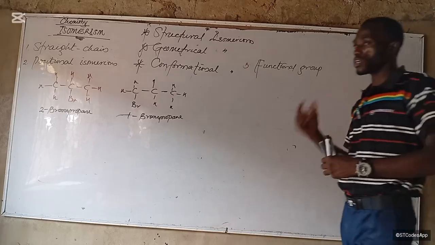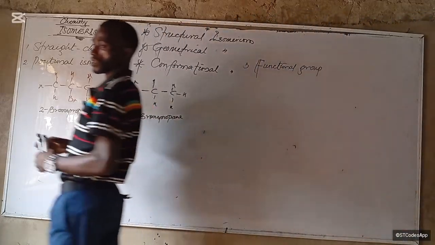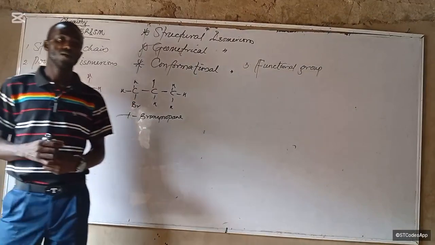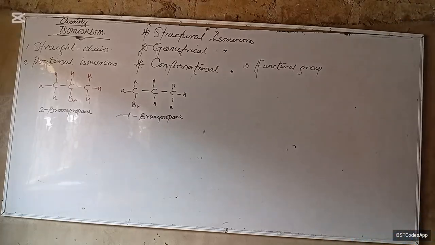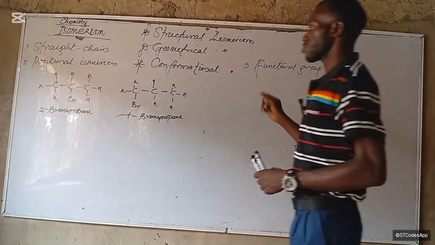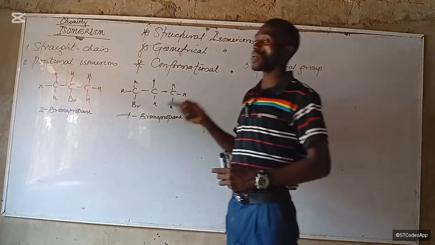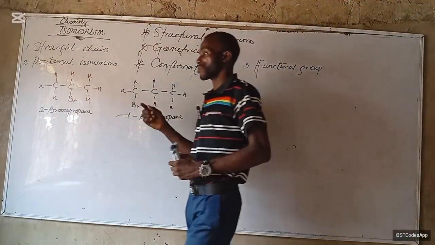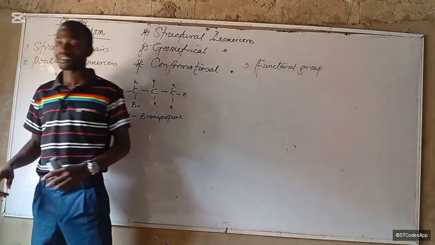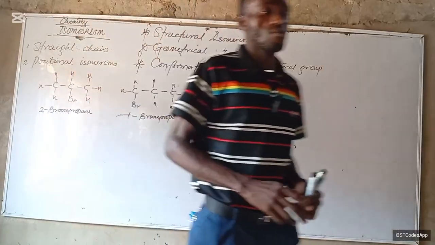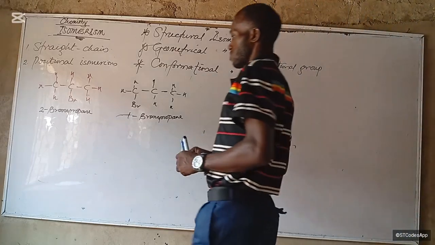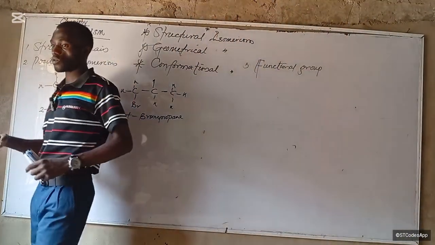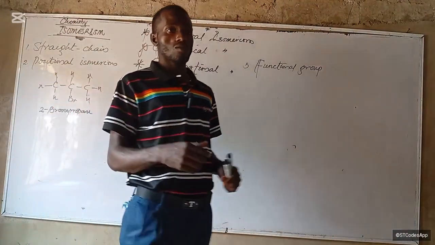So molecules with different functional groups have the same molecular formula but different structural formula. This is still structure. Molecules with different functional groups have the same molecular formula but different structural formula.